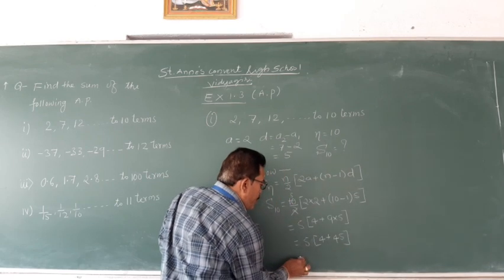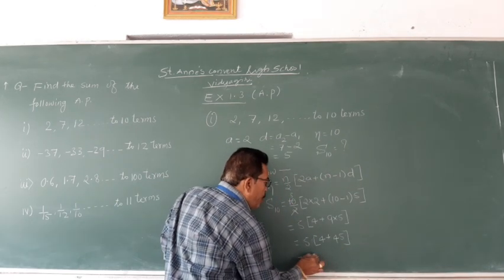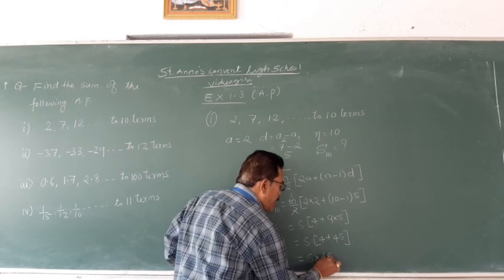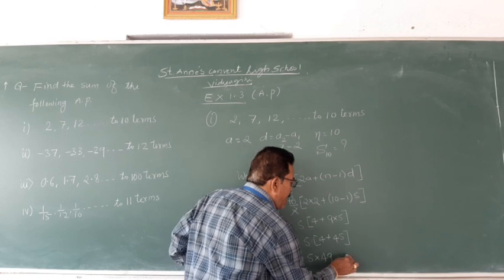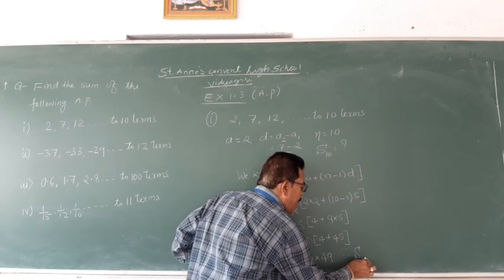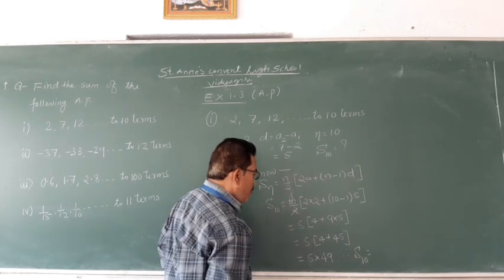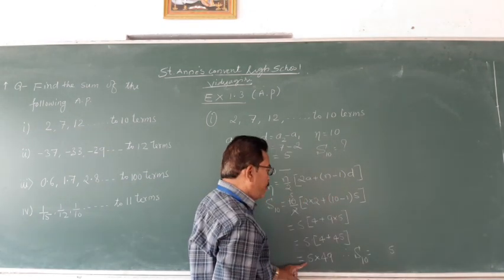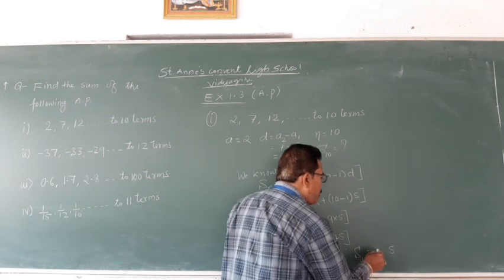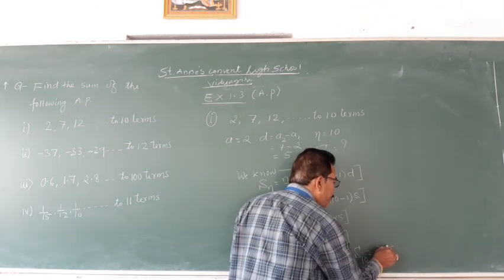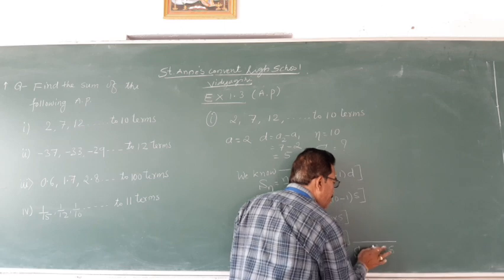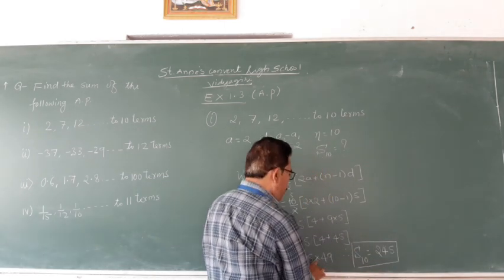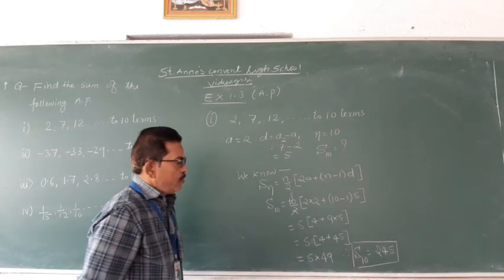Therefore, 5 into (45 plus 4), that is 49. Therefore, S10 equals 5 nines are 45, carry 4, 5 fours are 20 plus 4, 24, so 245.